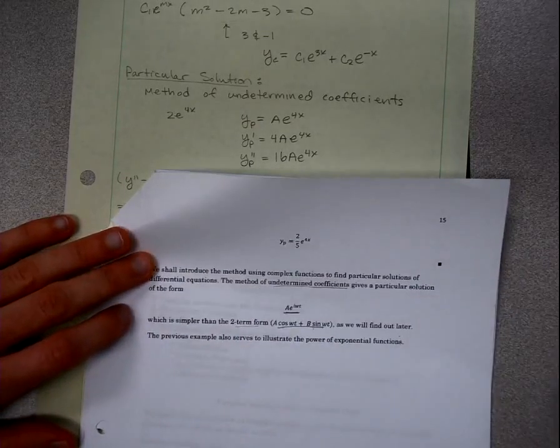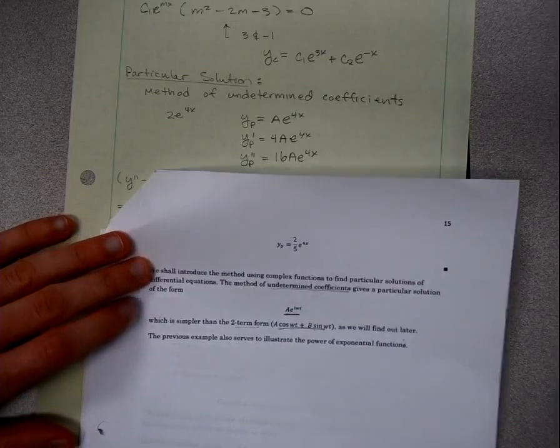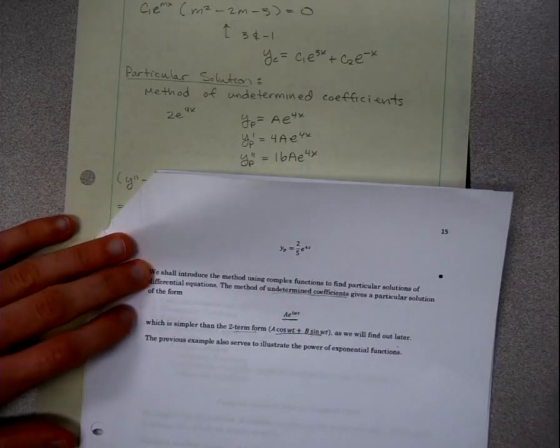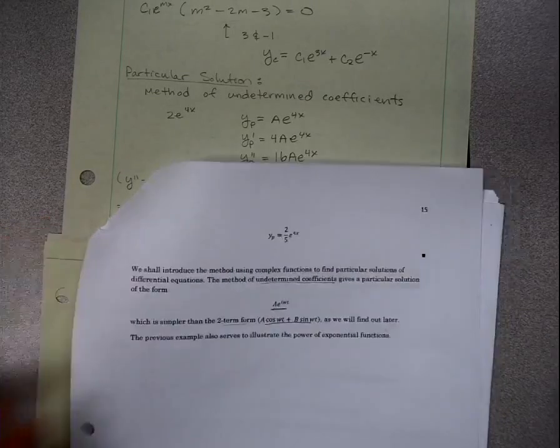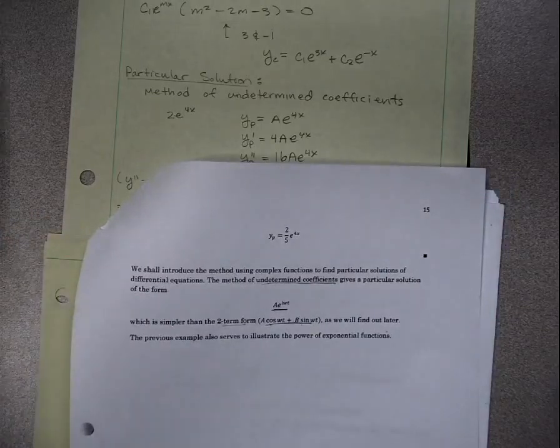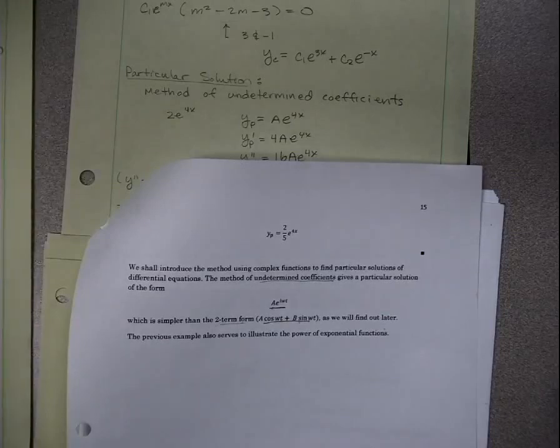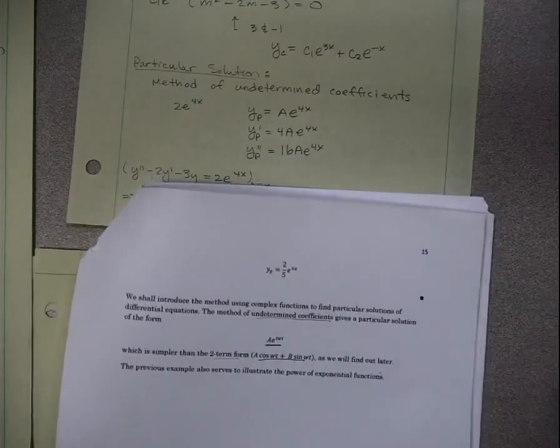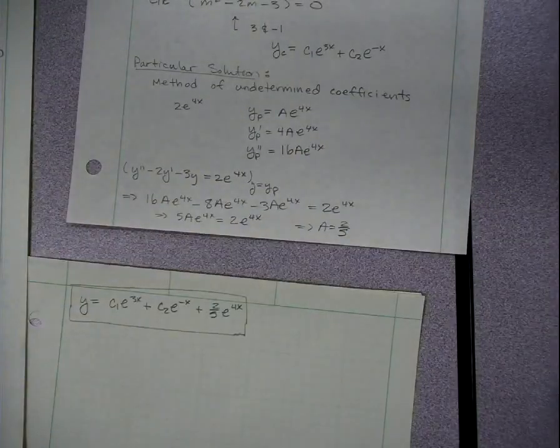I think that's why we're now introducing this, because we're going to be using complex variables to solve differential equations. So I think that's why she wanted me to introduce this to y'all. But other than that, I think that's it for today.